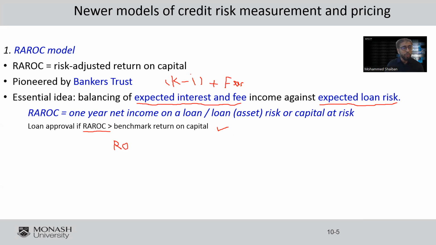This is the whole concept behind the RORAC. As you can see, the RORAC is making additional value for us, so we are satisfying the required return of the shareholders. This is the whole concept.